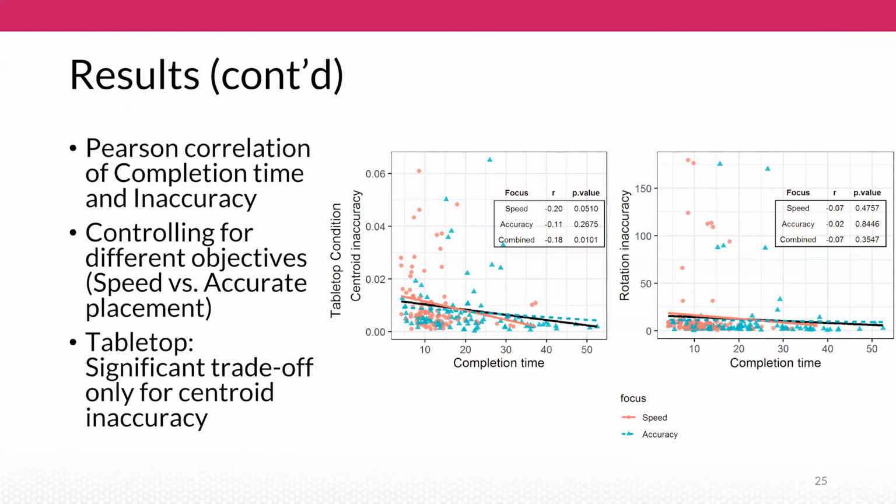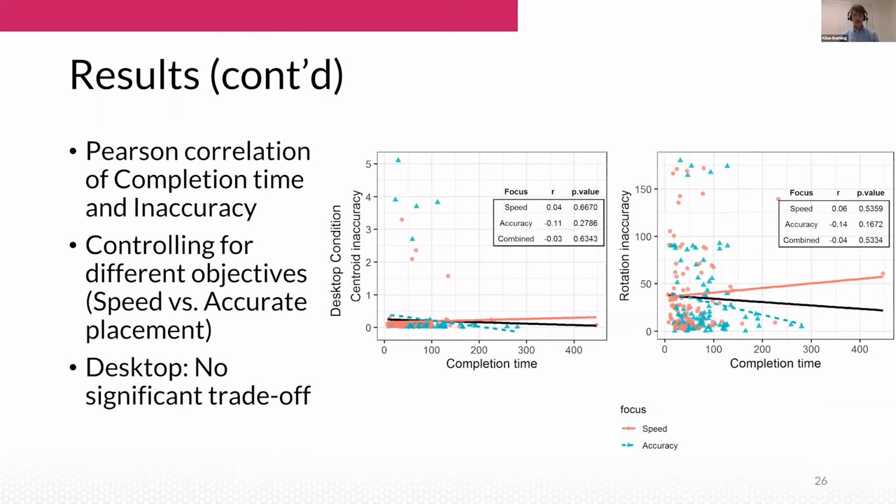So for rotation inaccuracy, the data shows that there's no trade-off between completion time and inaccuracy. And last but not least, in the desktop condition, we also do not see any significant correlation between completion time and the inaccuracy measures.